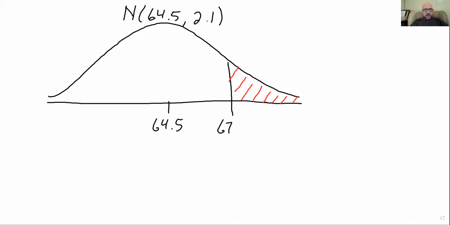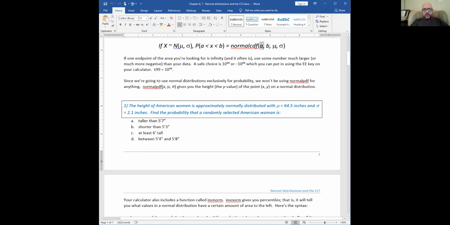Let me go back over here for one second so I can point that out in the notes. A, B, mu, sigma, where A is the left edge, B is the right edge, right? So in this case, A is going to be the left end, which, if you remember, the shaded area was 67. B is going to be the right edge, which was infinity. Mu is 64.5, sigma was 2.1, right?